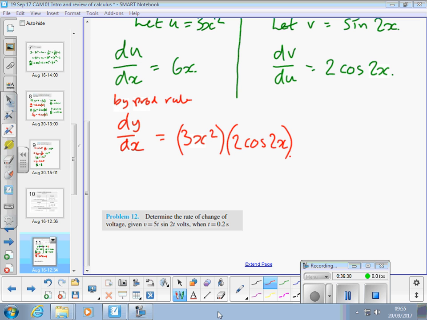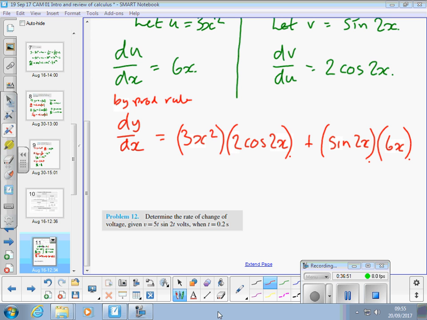And then we add v, sine 2x, multiplied by du by dx, which is 6x. So put all the values in the formula.